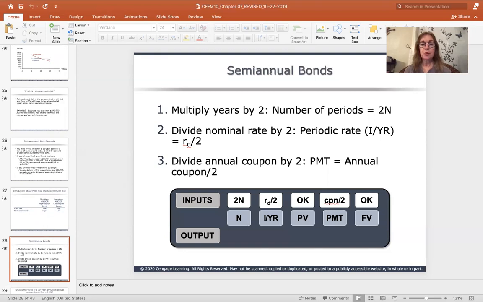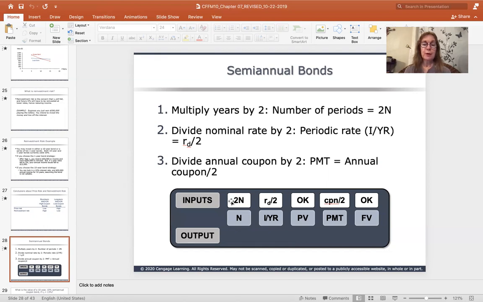Now, this is just showing you that most bonds don't pay annually, they pay semi-annually. So if you have a semi-annual coupon bond, remember back in chapter 5 with semi-annual, when you're getting your return semi-annually, you have to make some changes here.